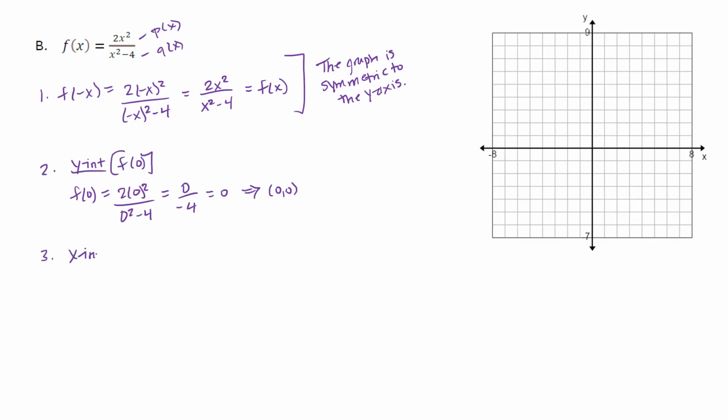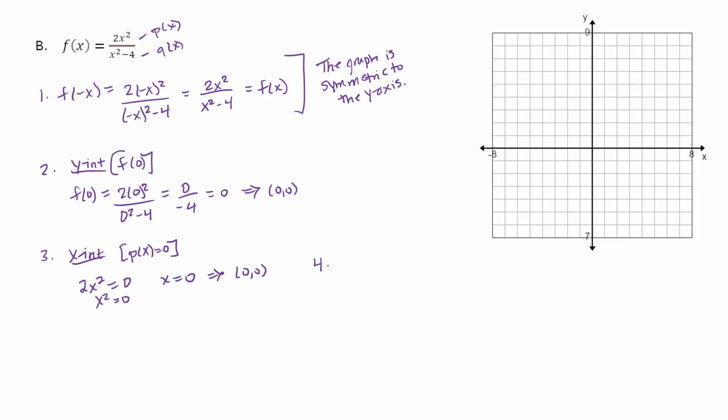So for the x-intercept, we are going to set p of x equal to 0. P of x is the numerator. So 2x squared equals 0. So x squared equals 0. So x equals 0, which gives us the point (0, 0).